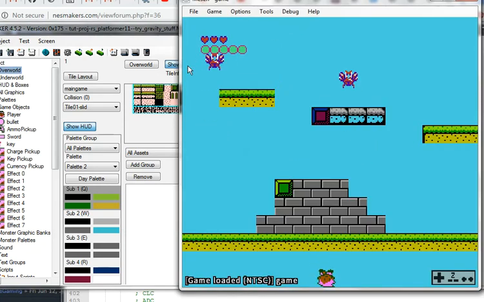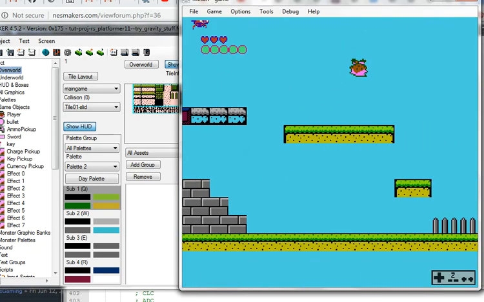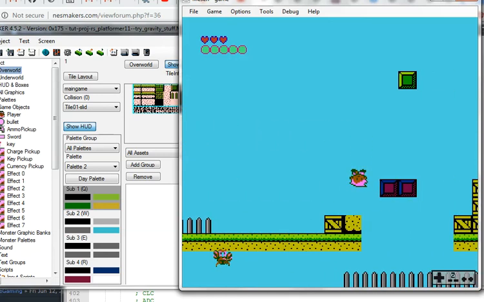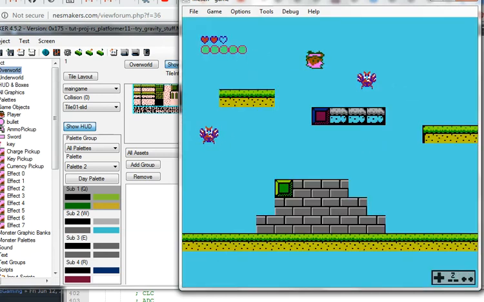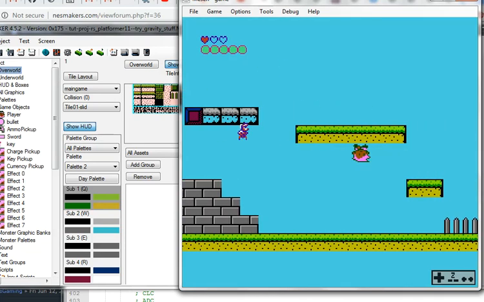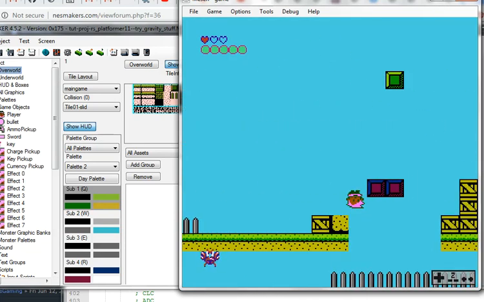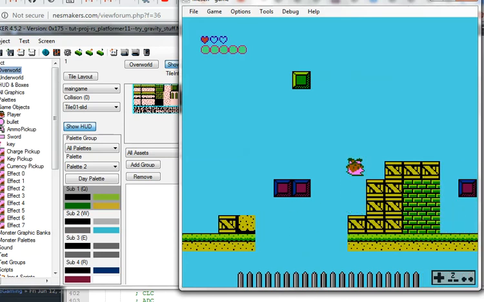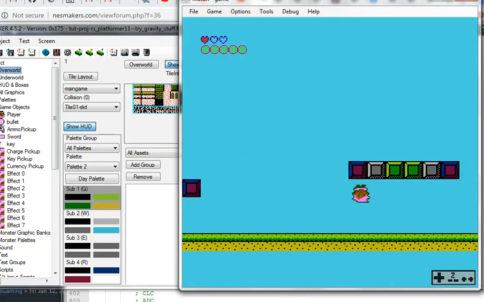Okay, so there I am, and I can jump, and I can jump again, and I can jump again. But if I jump into a platform, it pushes me through. So I can run around on a platform like this, and up underneath the platform.